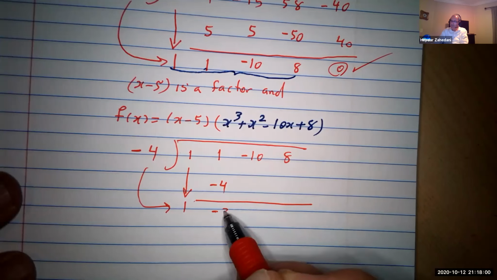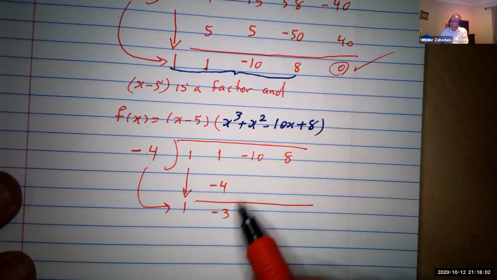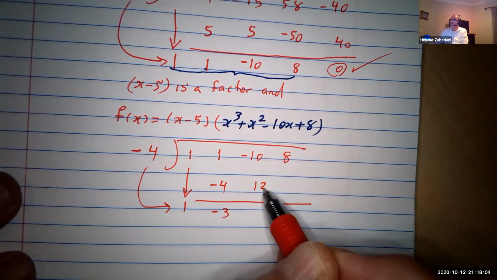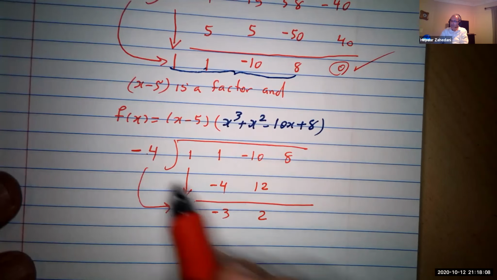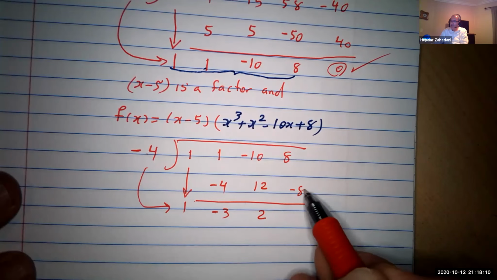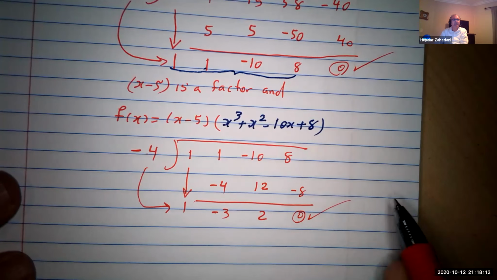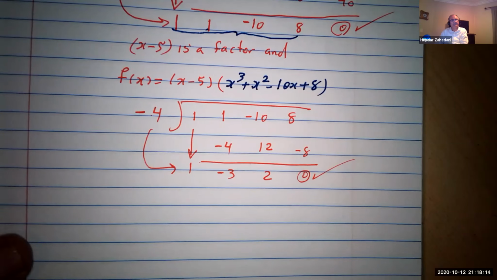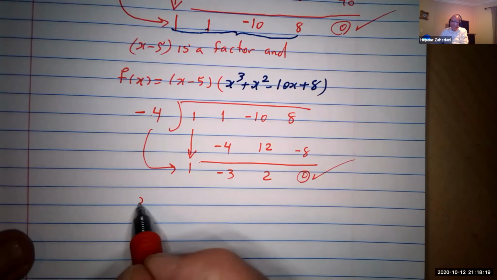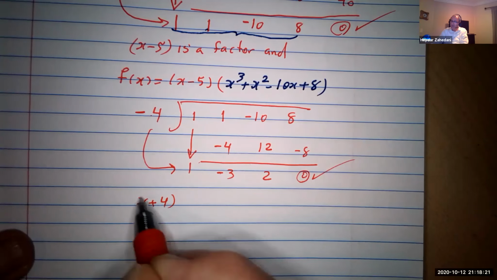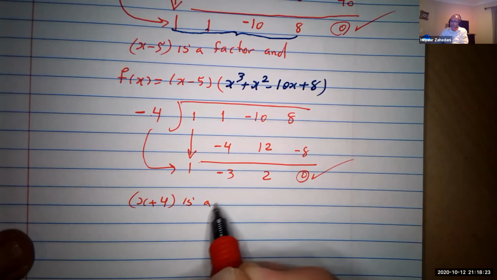That gives me -3. -4 times -3 would be +12. That gives us a +2. -4 times 2 gives us a -8, 0. Yes, it's a factor. Okay, so x plus 4 is a factor.